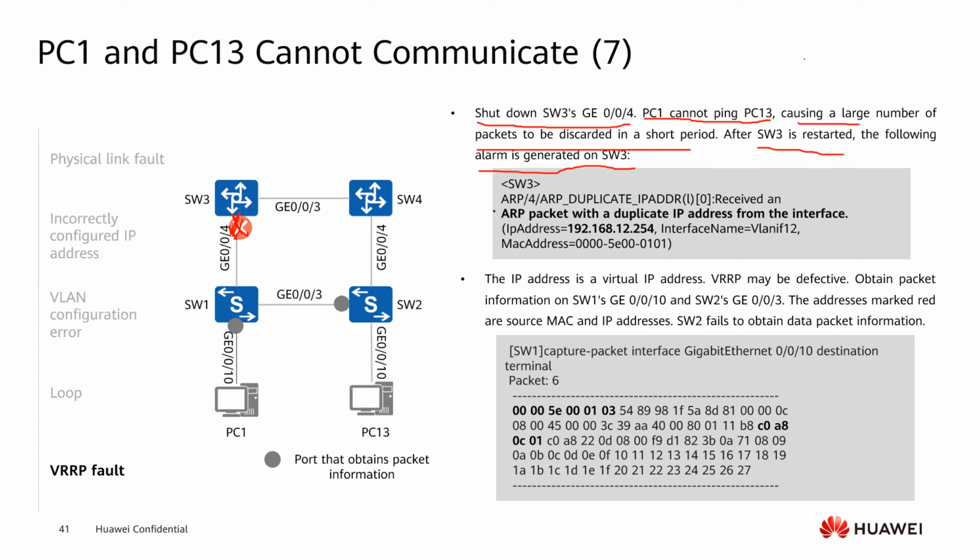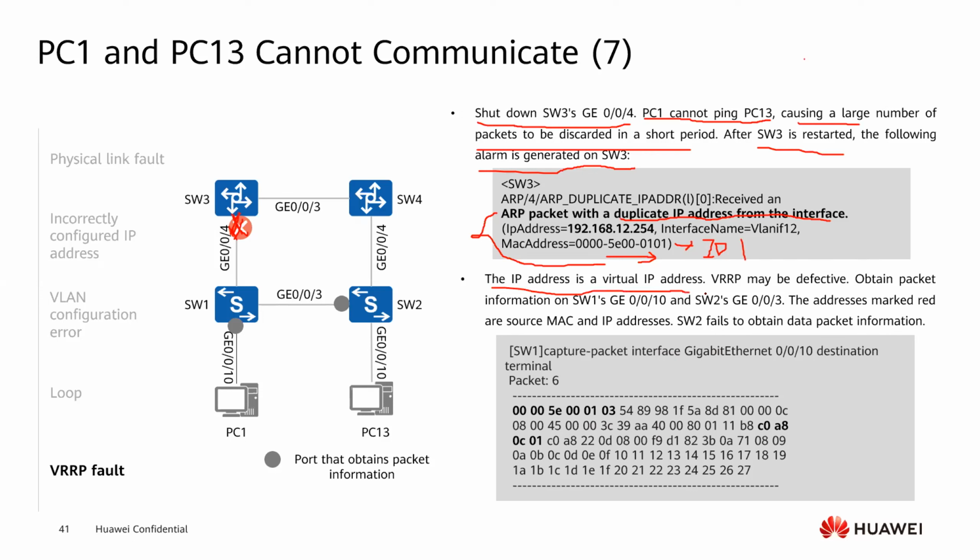You can see SW3 detects a duplicate IP address from the interface, and the MAC address is this. It means the VRRP ID is 1, the ID value is 1. So this IP address is a virtual IP address.